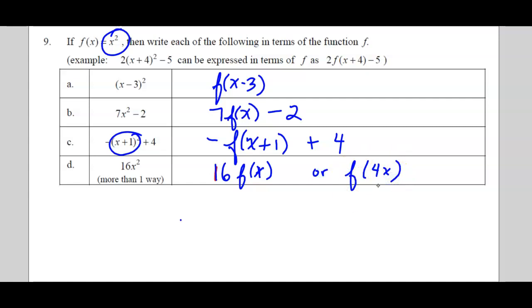Okay, why does that work? Well, if we substitute 4x in for x there, we get 4x all squared. 4 squared is 16. X squared is x squared.